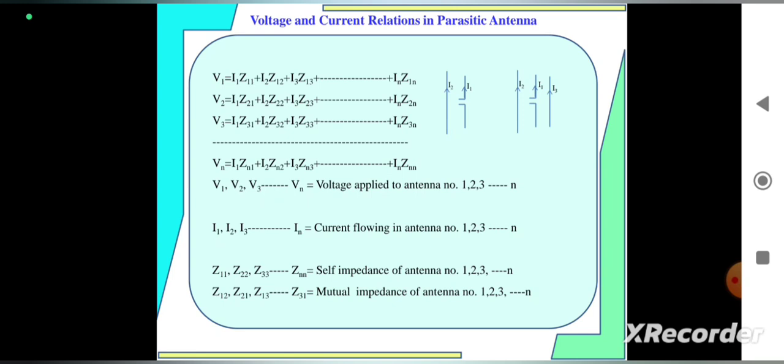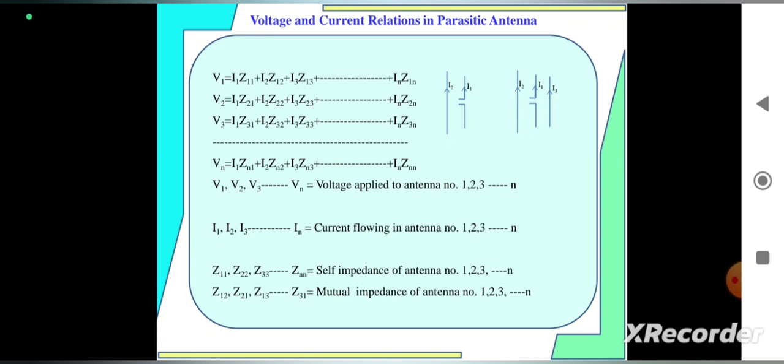Next, V2 is equal to I1 Z21 plus I2 Z22 plus I3 Z23 plus up to In Z2n. V3 is equal to I1 Z31 plus I2 Z32 plus I3 Z33 plus up to In Z3n. Now Vn is equal to I1 Zn1 plus I2 Zn2 plus I3 Zn3 plus up to In Znn.